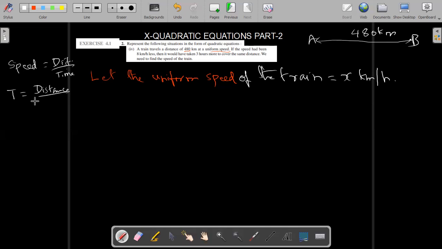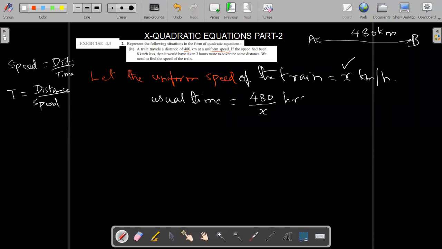So if it goes with x kilometers per hour, this is the usual time. The usual time of the train is equal to distance upon speed. The distance is 480 kilometers, and the speed is x, so this much time in hours it will take.